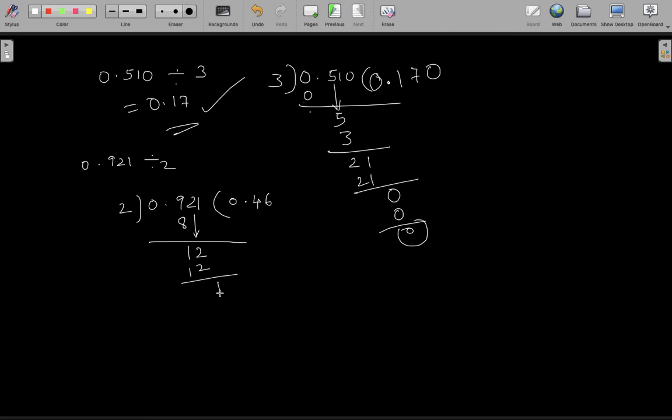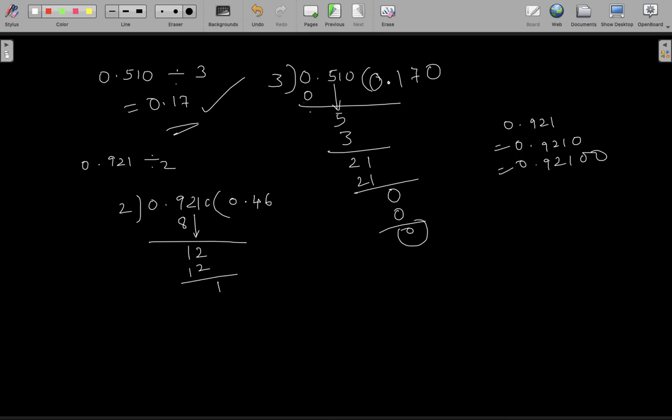Now how can you continue with the division process? Don't forget that this is a decimal number. Because this is a decimal number, you can introduce as many zeros as you want towards the right hand side. That is, 0.921 is the same as 0.9210. It is also the same as 0.92100, isn't it? Let me imagine I have a 0 here. I'll bring down this 0.